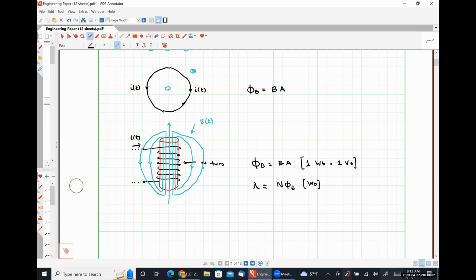So when we have a coil, we have a flux linkage instead of just a simple flux, because the same amount of flux is being generated by every single one of those turns, and they all add together as they pass through the coil. So our flux linkage for this coil is simply the number of turns times the flux generated by one turn.